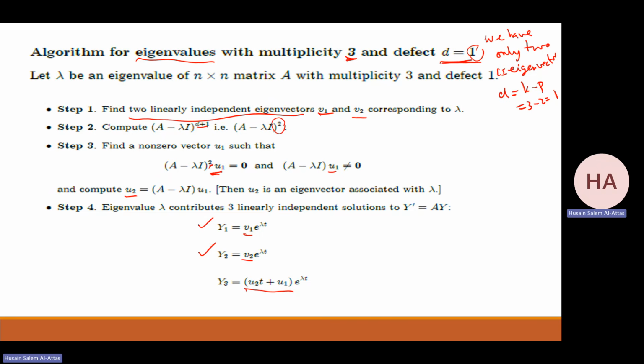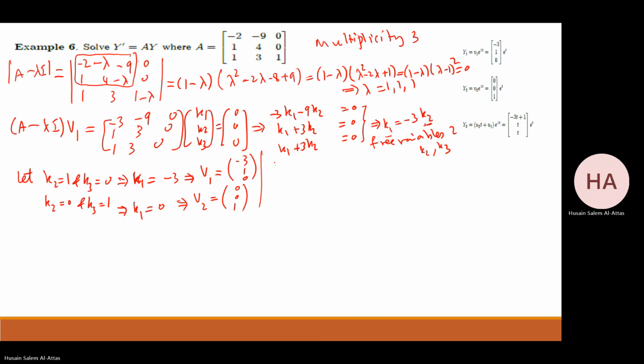So I need A minus lambda I to the power 1 plus 1, square. That will be what? The matrix squared. So I have minus 2, minus 3, minus 9, 0, 1, 3, 0, 1, 3, 0 by itself.